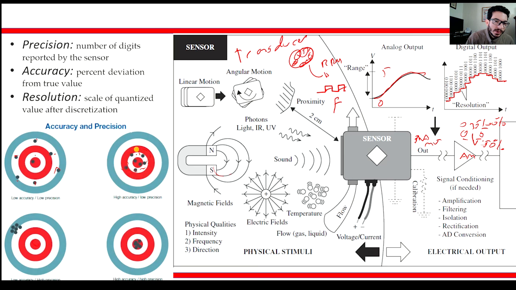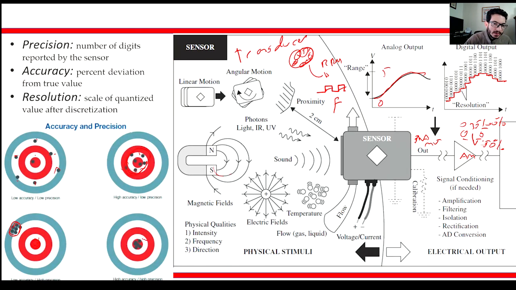If you have all the points very close to each other, but they're far away from the value that you know is true, then they have high precision but low accuracy. Remember, accuracy is relative to the point that you know is true.